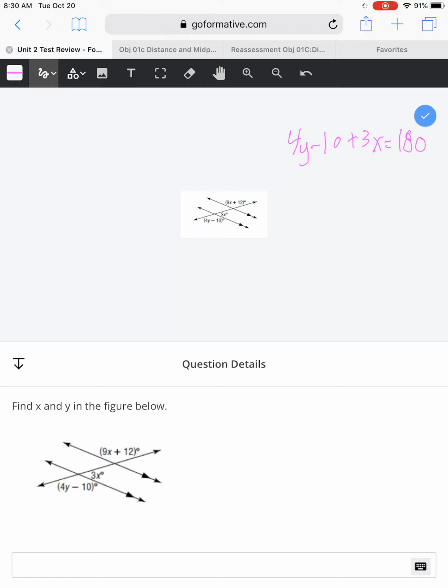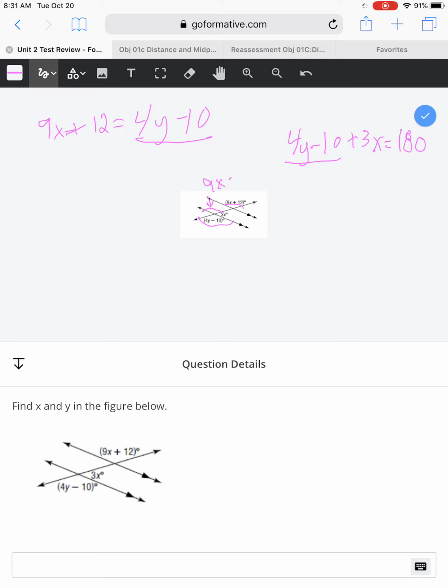So I start thinking, okay, well, I also know this angle and this angle are congruent, so I also know 9x plus 12 is equal to 4y minus 10. Not particularly helpful. It could be. I know 4y minus 10 is equal to 9x plus 12, so I could replace the 4y minus 10 with 9x plus 12.